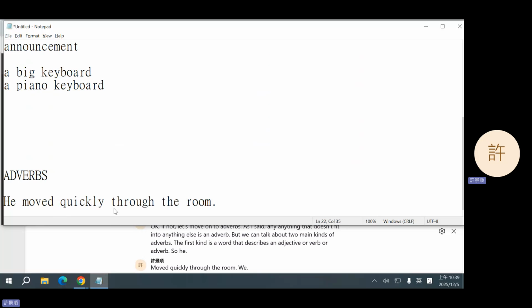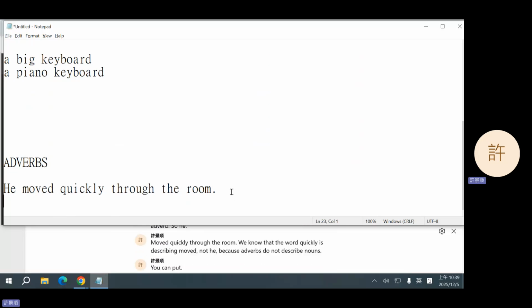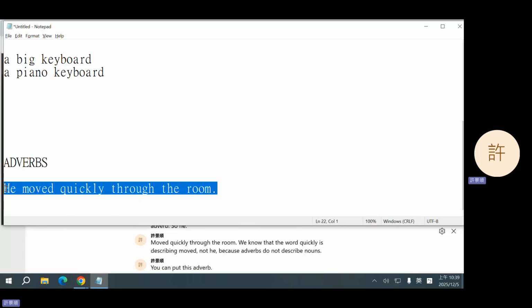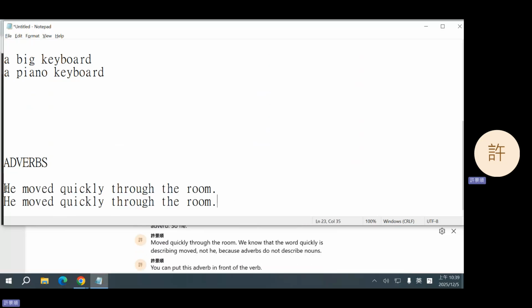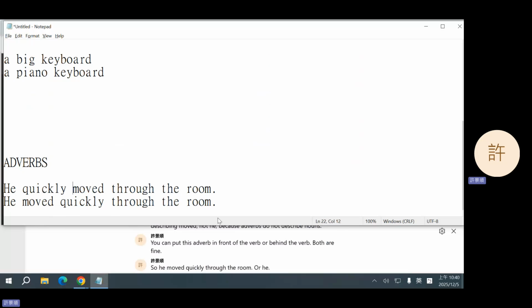We know that the word quickly is describing moved, not he, because adverbs do not describe nouns. You can put this adverb in front of the verb or behind the verb. Both are fine. So he moved quickly through the room, or he quickly moved through the room.